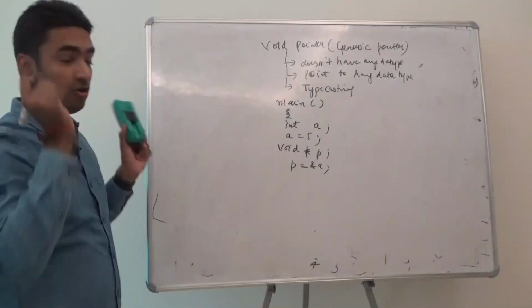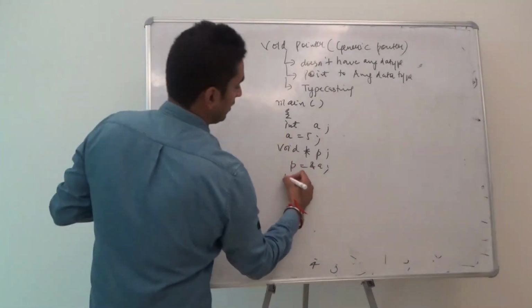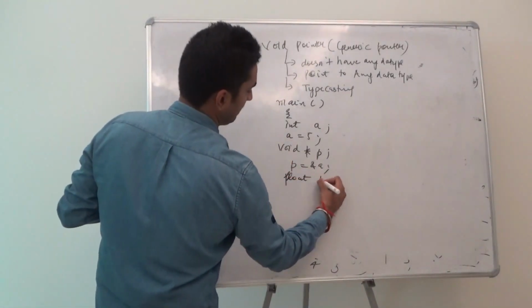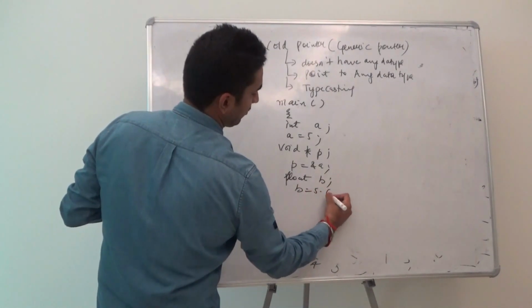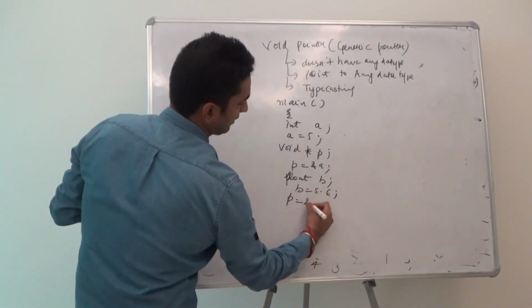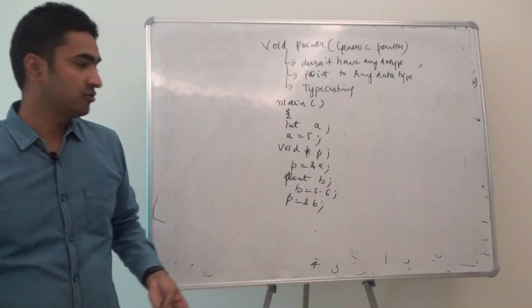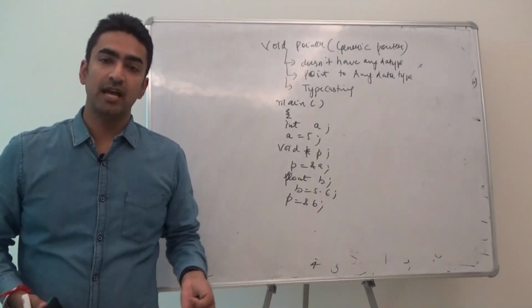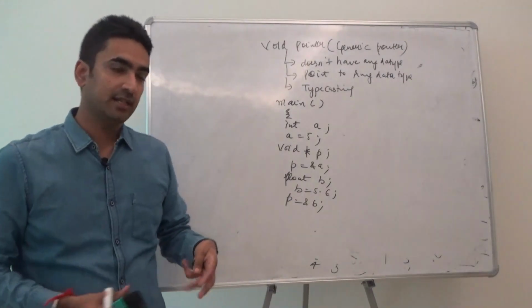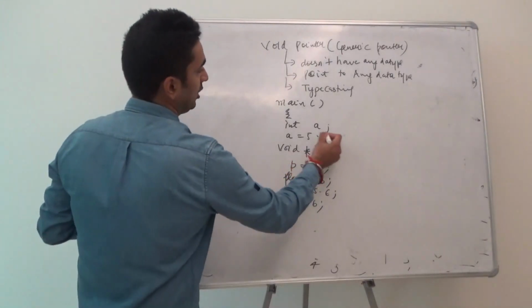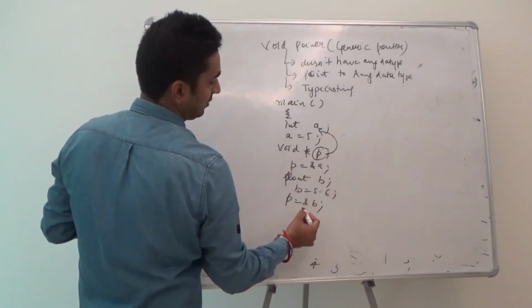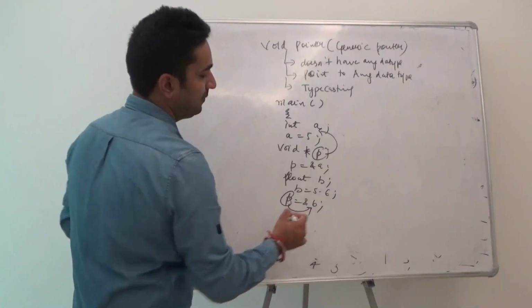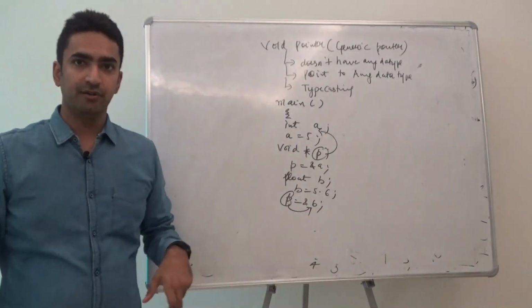P is storing the address of a, and float b is equal to, let's say, 5.6, and p is storing the address of b. This is also possible. This is known as a void pointer that points to a and that also points to b. That's how a void pointer works.